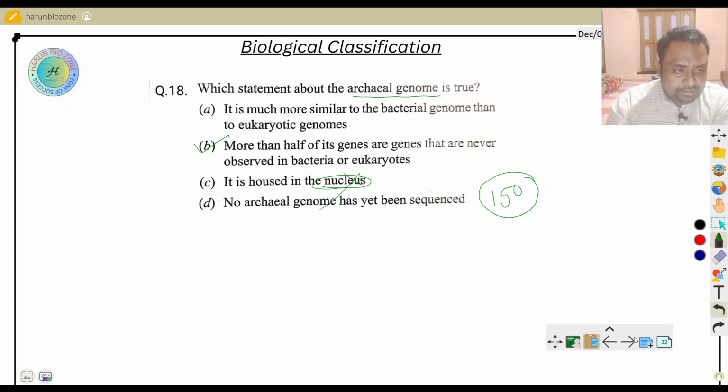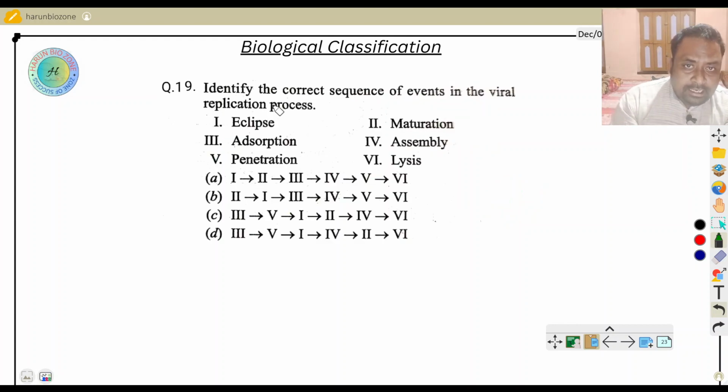Next question: identify the correct sequence of events in viral replication. Viral replication here means the lytic cycle of the bacteriophage.